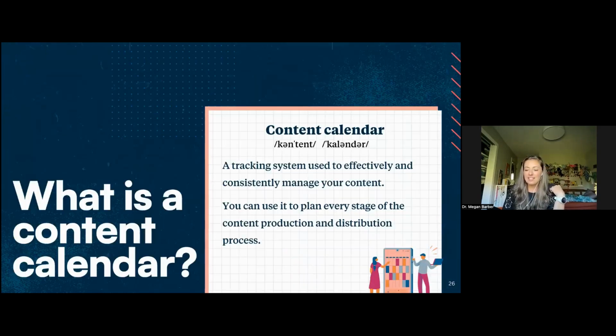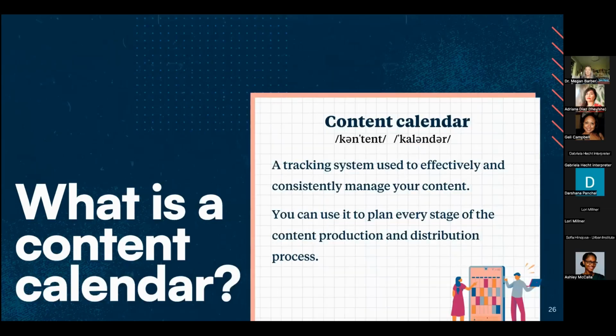First on our list is the content calendar. And in previous trainings, you might have heard us talk about this, but a content calendar is used to effectively and consistently manage your content. When you're trying to reach a broad audience, if you remember at your pyramid levels 1, 2, and 3, the observing, following, and endorsing groups from our funnel, posting consistently is super important, and a content calendar can help you do this.